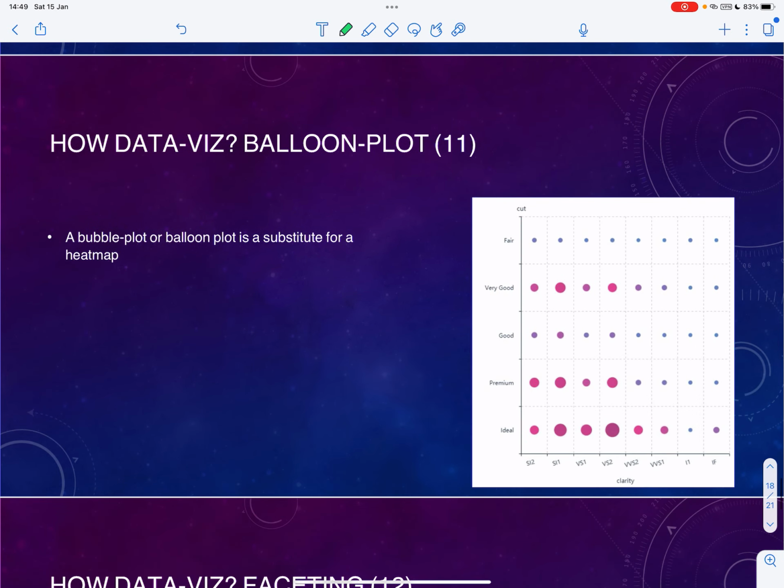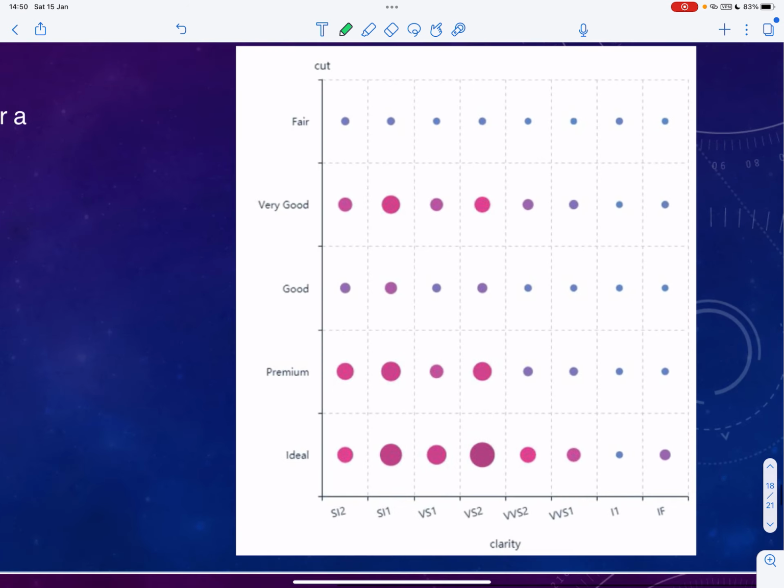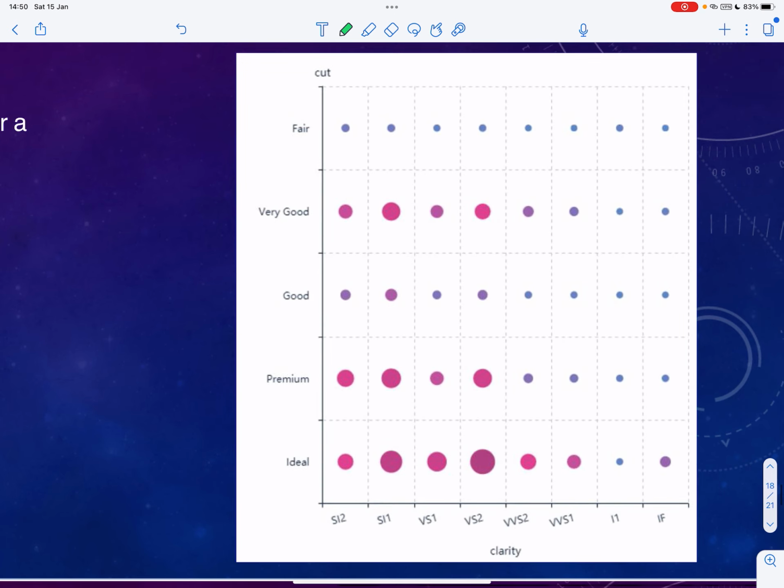But the heat map has a sibling. It is called a bubble plot or balloon plot. It has exactly the same structure, but instead of boxes, we have balloons.